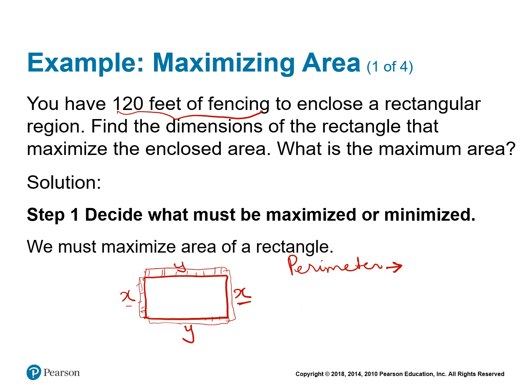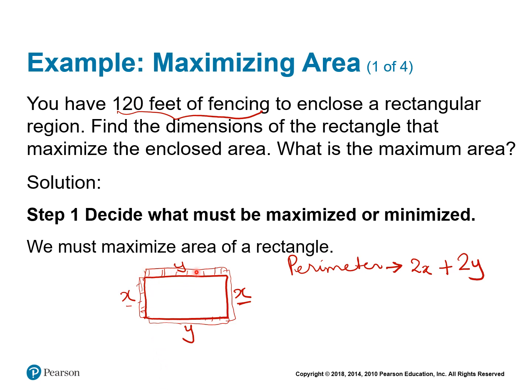So the perimeter formula is 2x plus 2y, the measure of its width and length all around the rectangle.